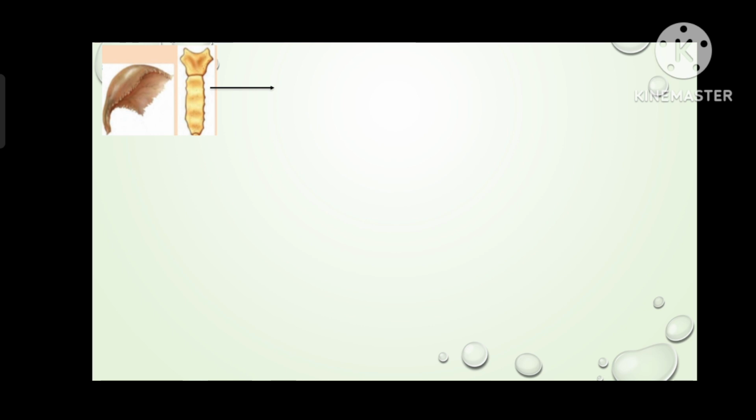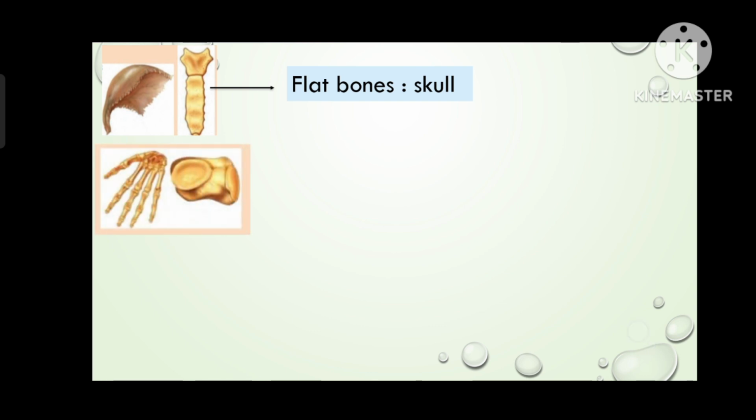Types of bones. Some bones are flat bones. In the skull, we find flat bones. Some bones are short bones. In the wrist, we find short bones.